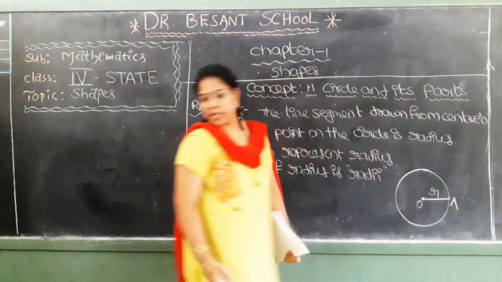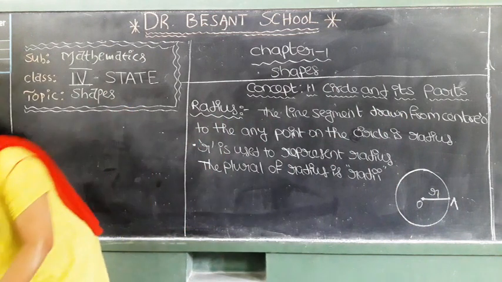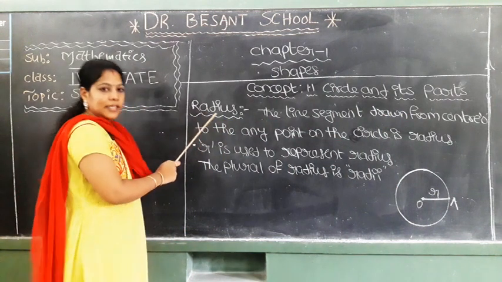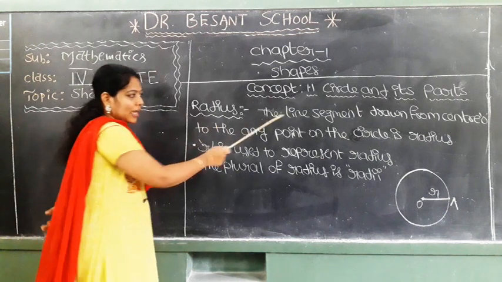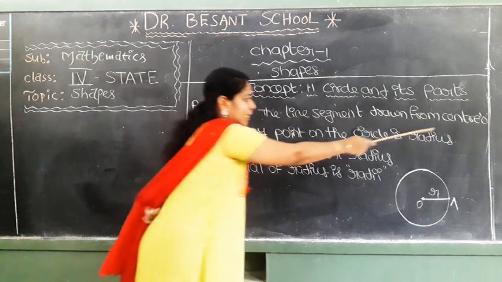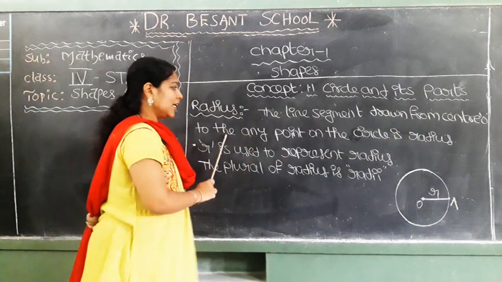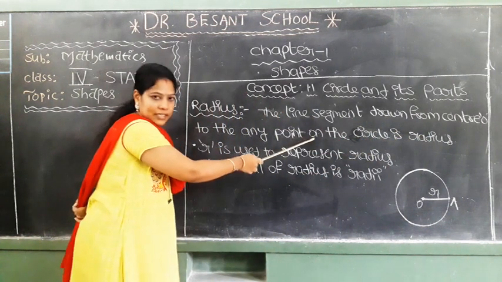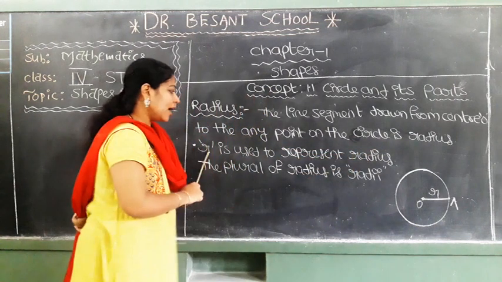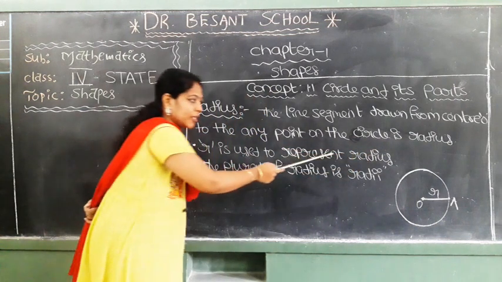Write neatly and slowly. See, I am reading this concept again. Radius: the line segment drawn from center O to any point on the circle is radius. R is used to represent radius.